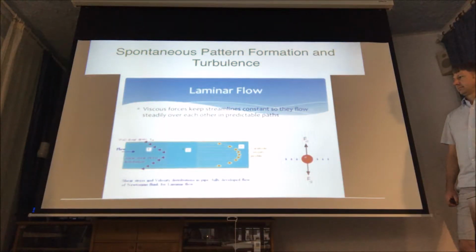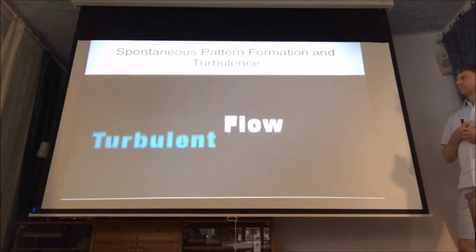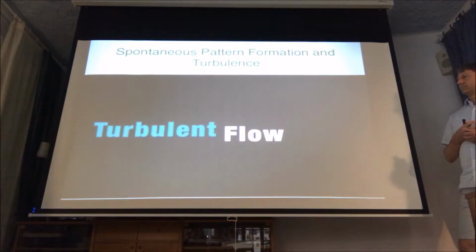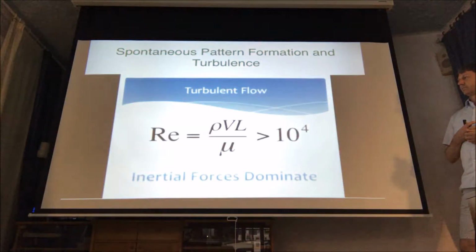Variations in velocity in laminar flow are smooth and predictable. Streamlines are parallel to one another, allowing for precise calculations and models to be made. When Reynolds number is greater than an order of magnitude of 10 to the fourth, fluid flow is characterized as being turbulent. This type of flow is dominated by inertial forces.